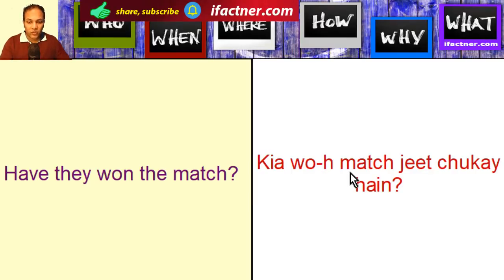And match means match. जीतना is to win. जीत चुके won. क्या वो मैच जीत चुके हैं? And for the female players, we would ask क्या वो मैच जीत चुकी हैं?